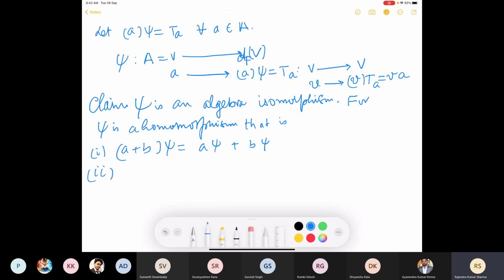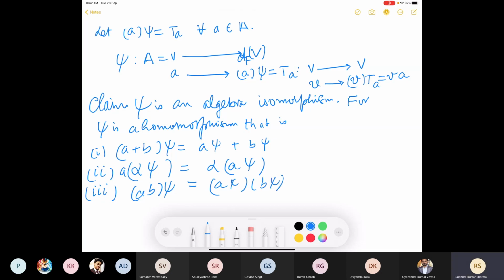Second thing is that (alpha a) psi is alpha (a psi). Third thing, as a ring, therefore (ab) psi is the same as (a psi)(b psi), and psi is a one-to-one map also.